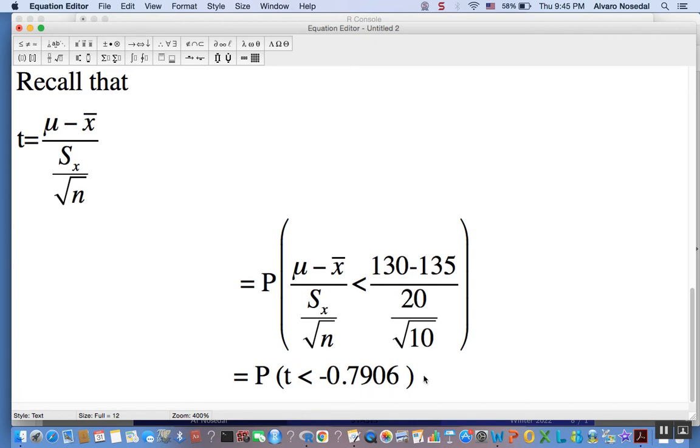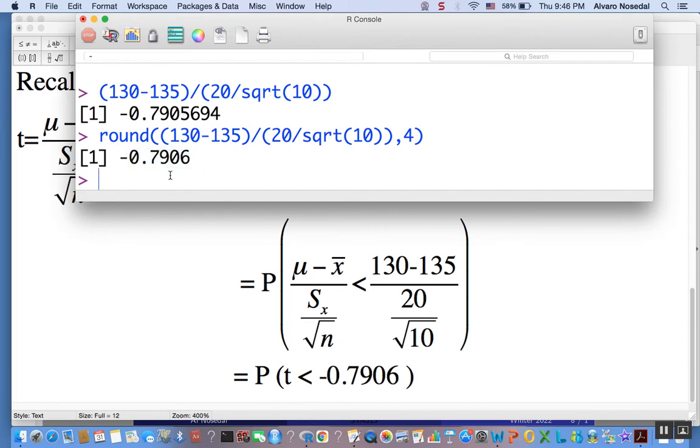Okay? So let's find that probability. We know that there's a built-in function in R that we can use to evaluate the CDF at a particular point, right? That function happens to be pt.